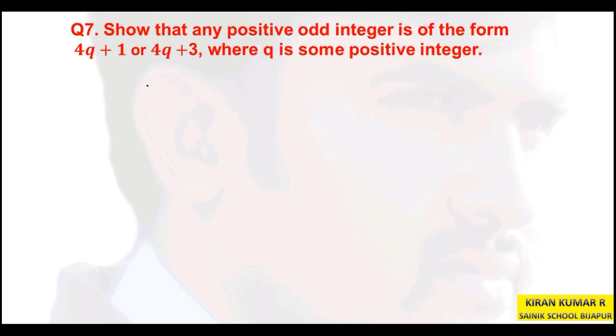Let us solve the next question. Show that any positive odd integer is of the form 4q plus 1 or 4q plus 3, where q is some positive integer. Like the previous question, let us suppose a is any positive integer and the value of b is 4.